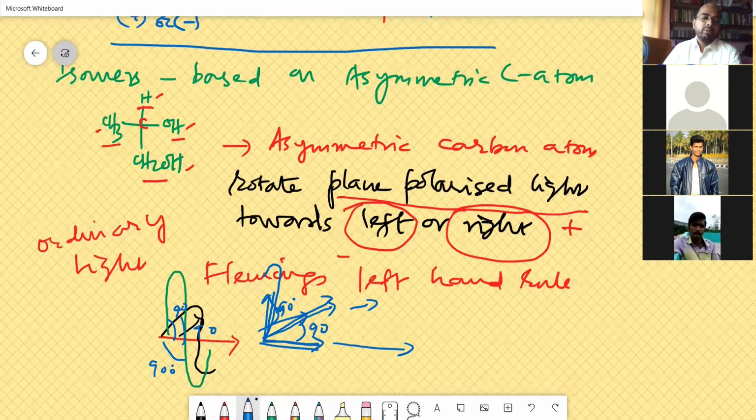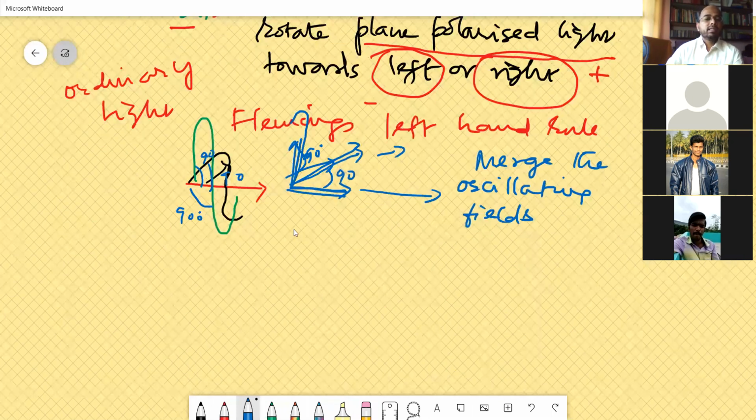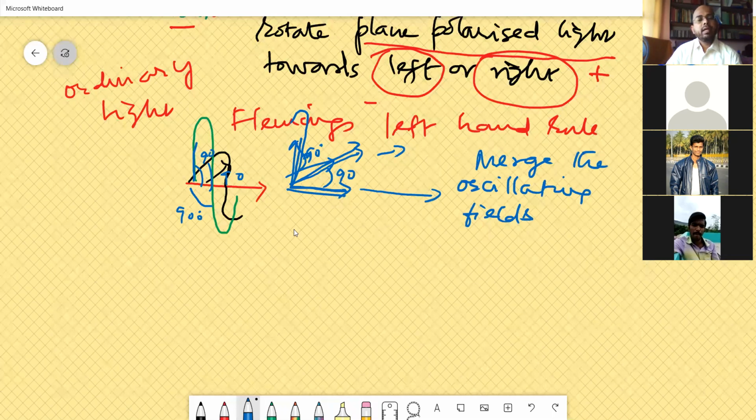So what these people do in plane polarized light is merge the oscillating fields. Merging the oscillating fields means you have the magnetic field and the electric field, and both will be forced to remain in one plane.